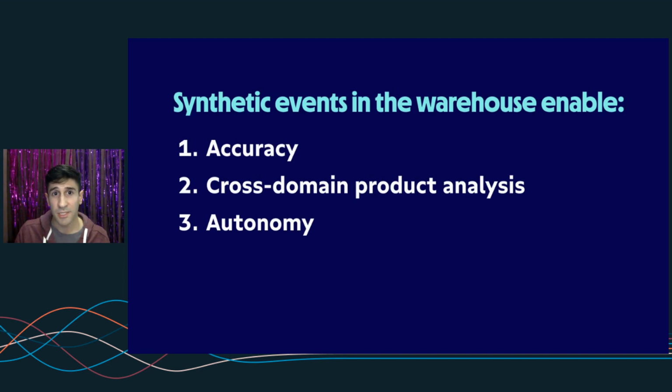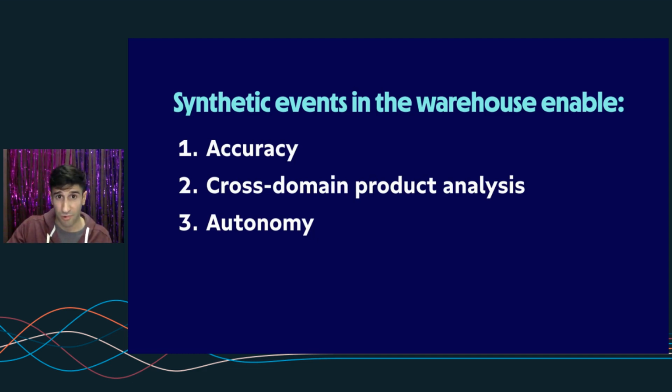And number 3, synthetic events enable data team autonomy and agility. Data in source systems are frequently accessible via ELT tools like Stitch and Fivetran, but events in the front end often require a product engineering lift. With this data accessible in the warehouse, data folks can model and manage these synthetic events independently.